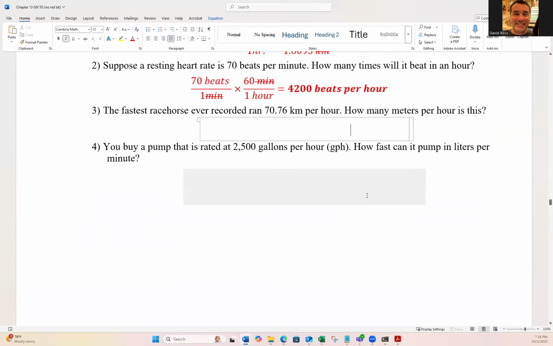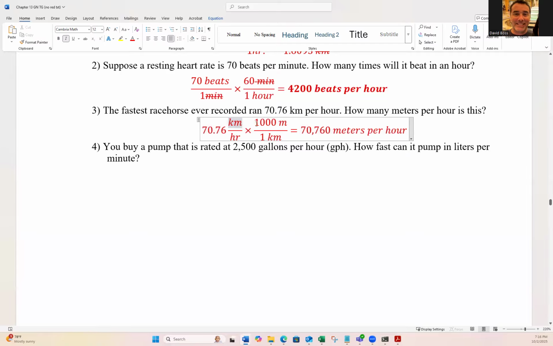The fastest racehorse ever recorded ran 70.76 kilometers per hour. How many meters per hour is this?